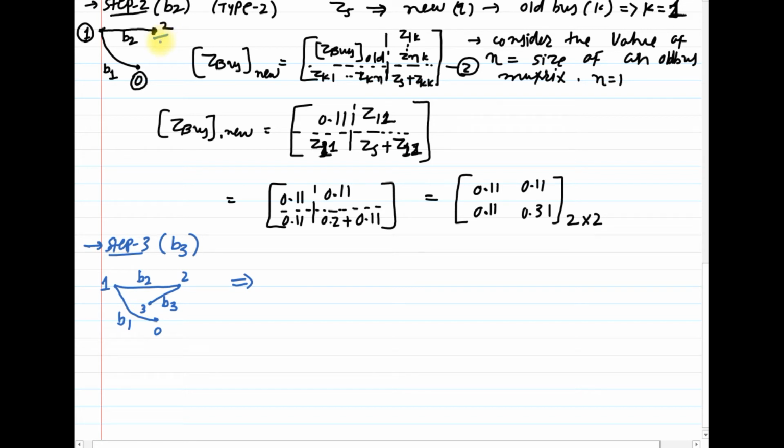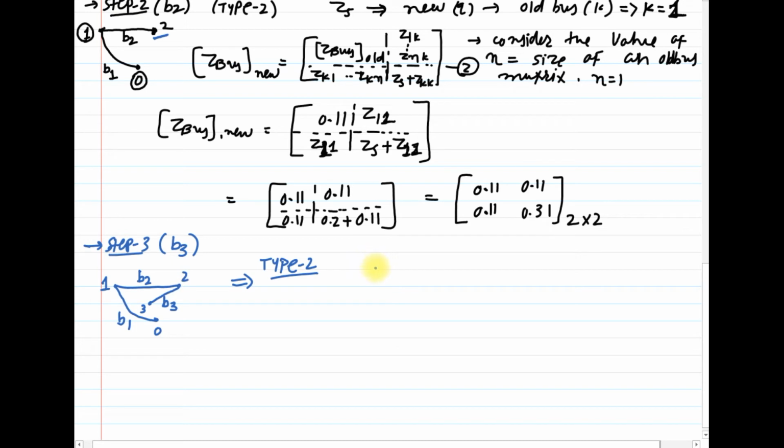So I can simply say that here the type 2 modification is applicable for element B3, where the new bus, bus number 3, is added on bus number 2, which is your old bus.